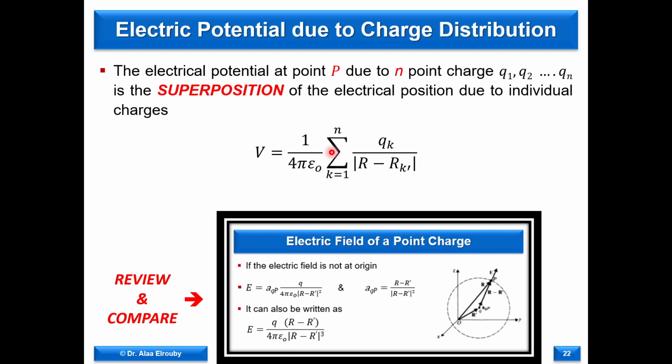So now if we have multiple point charges, a discrete charge distribution in our problem, the electric potential of this collection of charges at any arbitrary point is the superposition of the electric potential caused by each individual charge. It's very similar to the expression we used for calculating the electric field because of a summation of point charges.